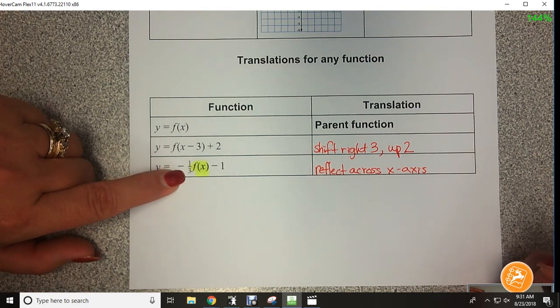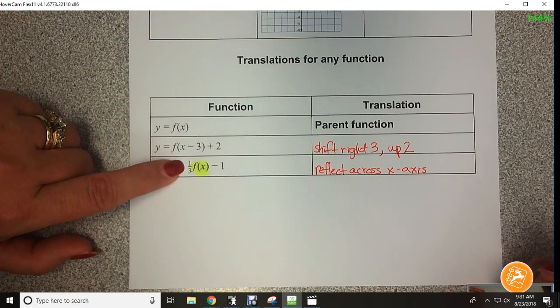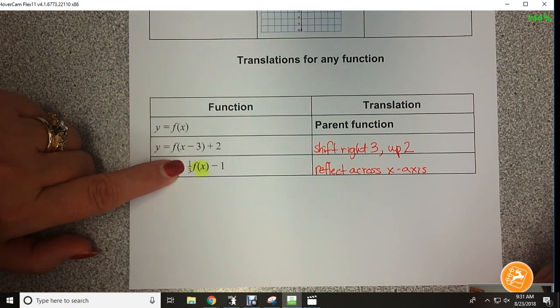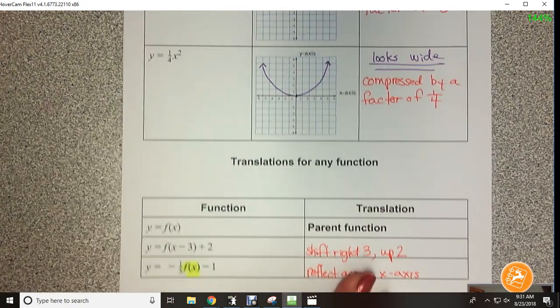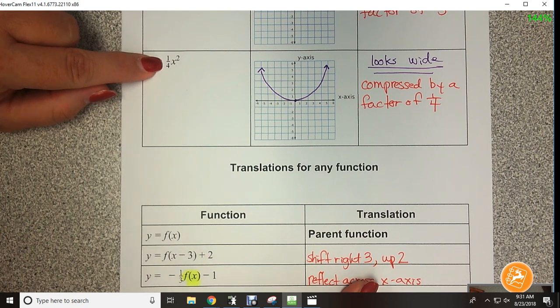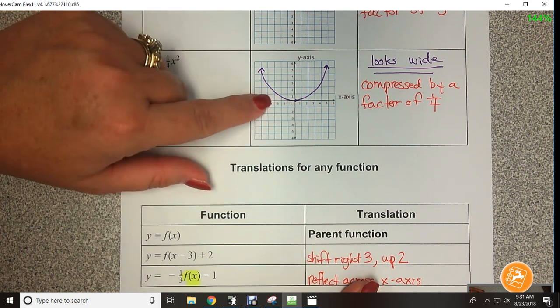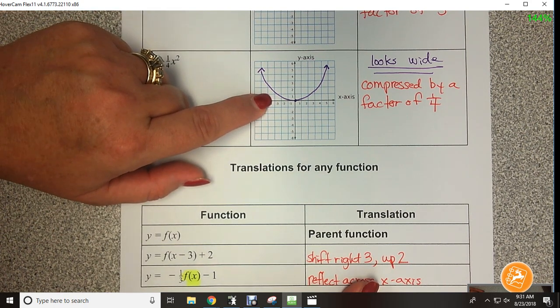The 1/3, and I'm not worried about it being a negative 1/3, the 1/3 is a fraction that's between 0 and 1. And remember, for this one, this fraction was between 0 and 1. It made it look wider.